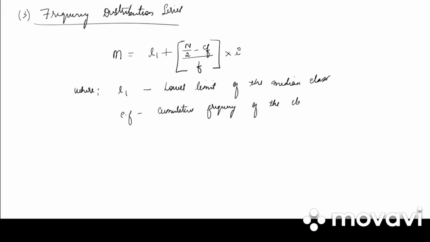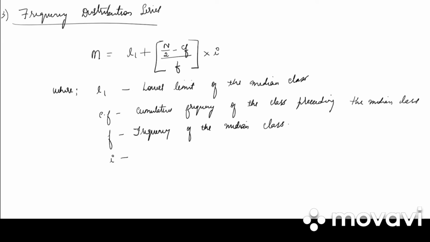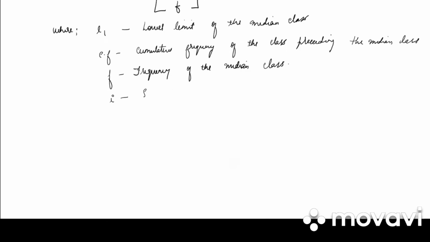of the class preceding the median class. Then we have f, the frequency of the median class, and then we have I, the size of the median class interval.